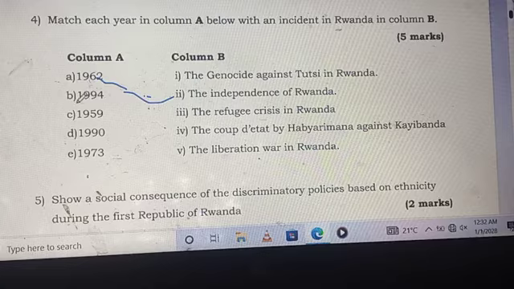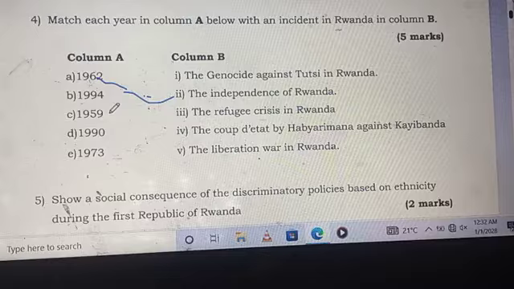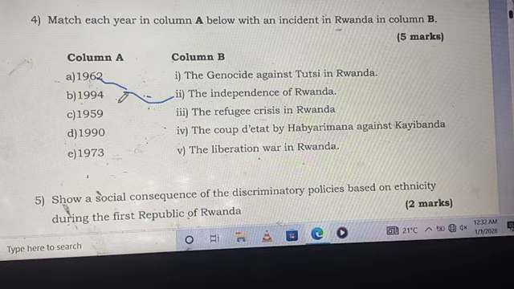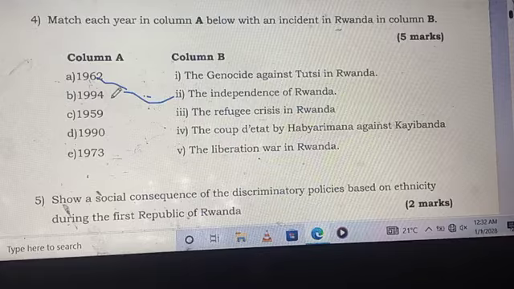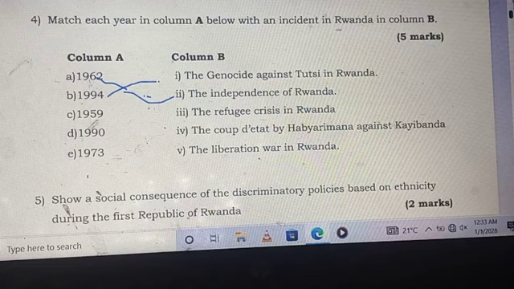B, 1994. What do you think is the best fit? B matches to I, the genocide against the Tutsi in Rwanda.